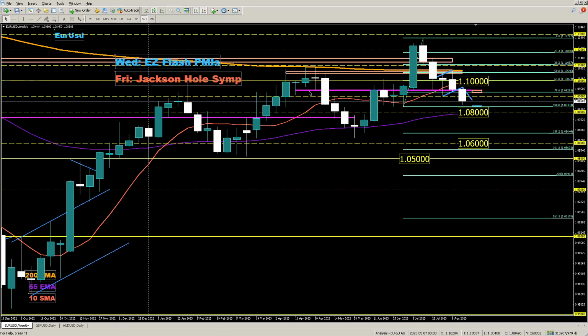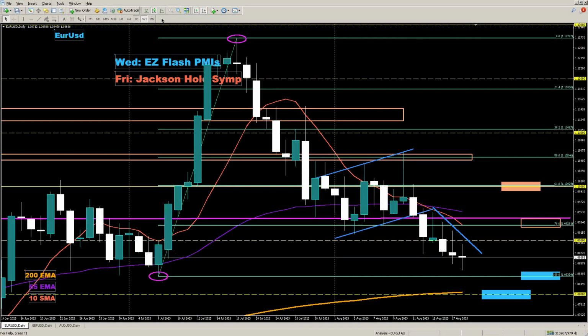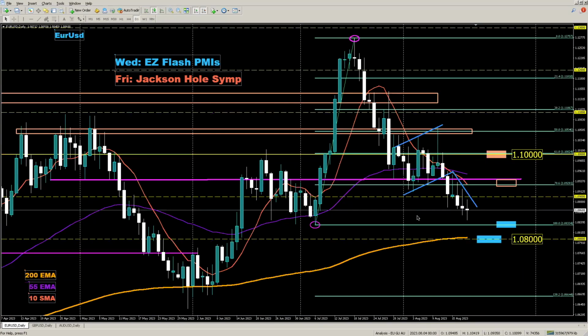So that will be a key support zone. It's moving towards this 108 support zone here with the daily 200. That's a critical support area. It has to hold, otherwise it opens up further weakness.